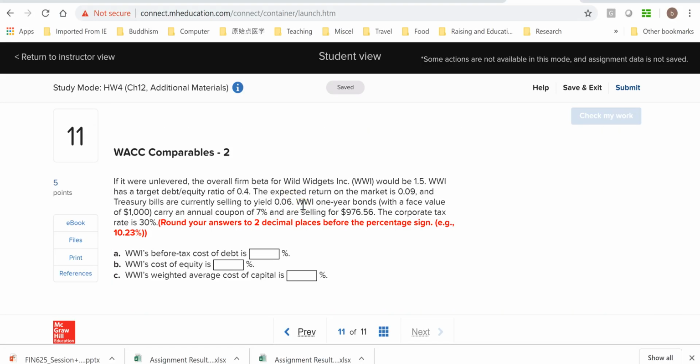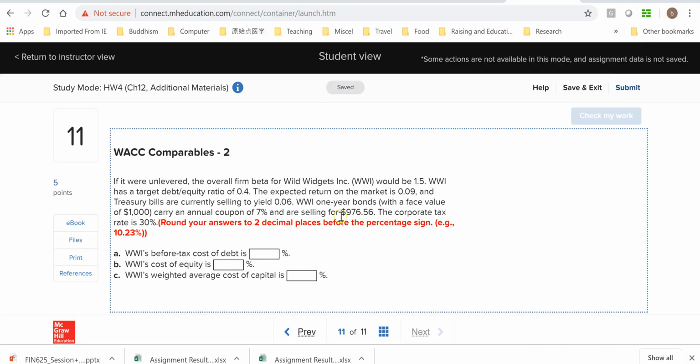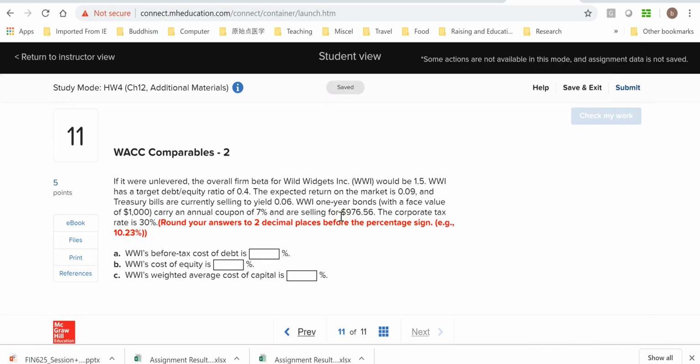And WWI 1-year bonds with a face value of $1,000 carry an annual coupon of 7% and are selling for $976.56. So this sentence tells us how to calculate the yield, basically the cost of debt.